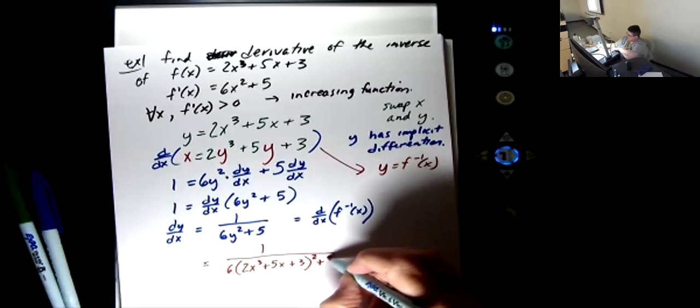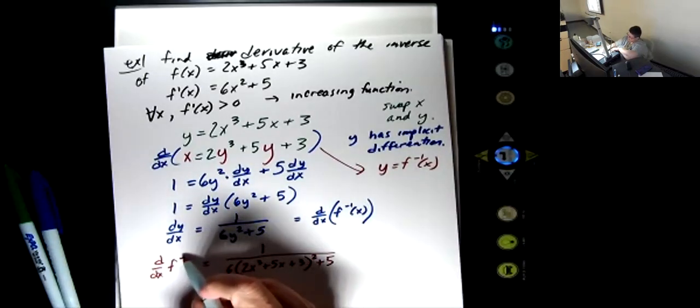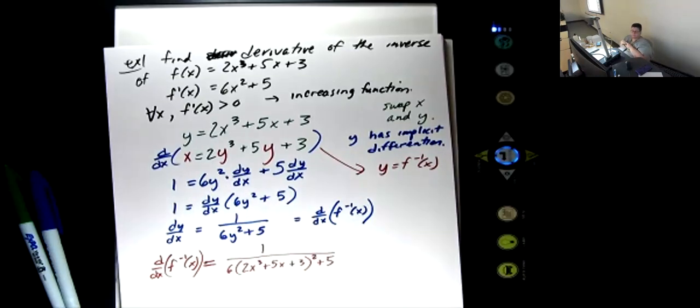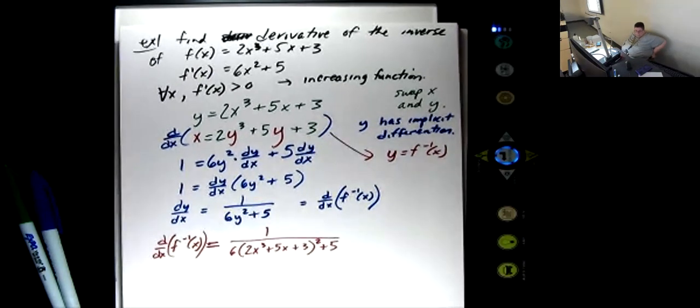That's squared. So this gives us a method of finding the derivative of the inverse.